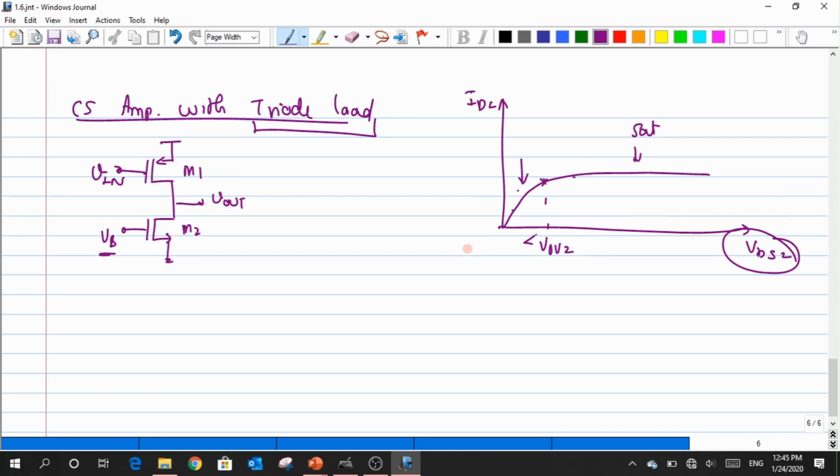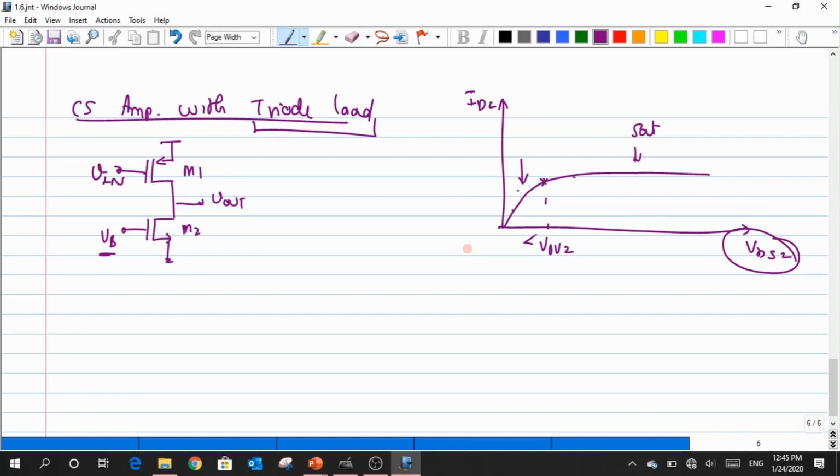Who is fixing my Vout Q? What I said, for a common source amplifier with a current source load, who was fixing our Q point? External circuitry.